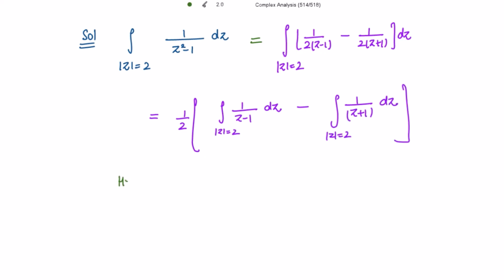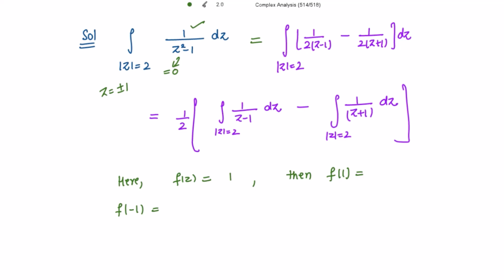Now here we have taken our f(z) to be equal to 1. And for applying Cauchy's integral formula, we also need the value of f at the point 1 and also f at the point negative 1, because when taking the denominator equal to 0, we are getting both the points plus minus 1. Right?